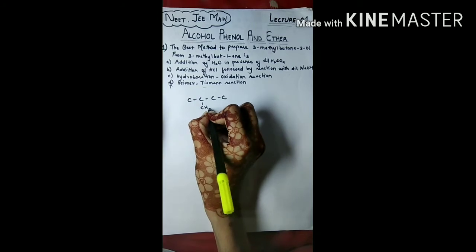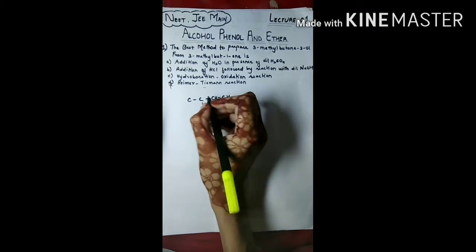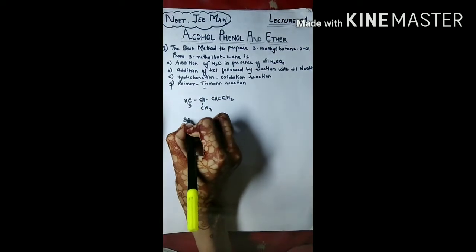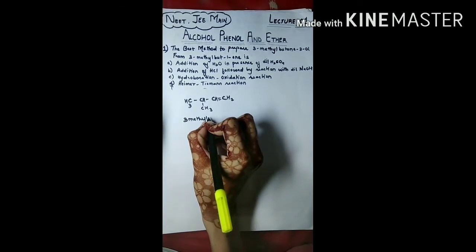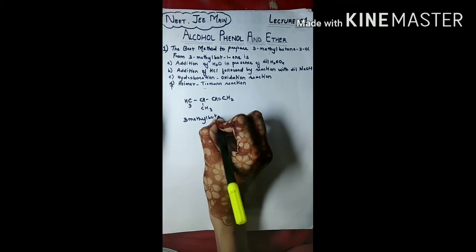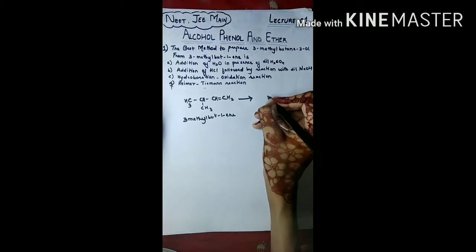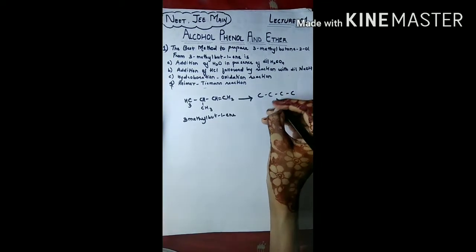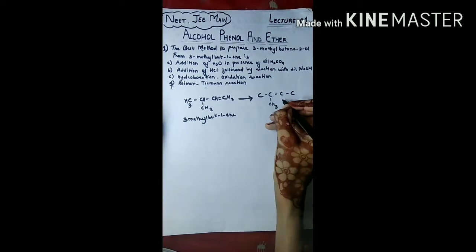So students, here is the reaction. 3-methyl but-1-ene will give the product in the presence of H2SO4 as a catalyst.